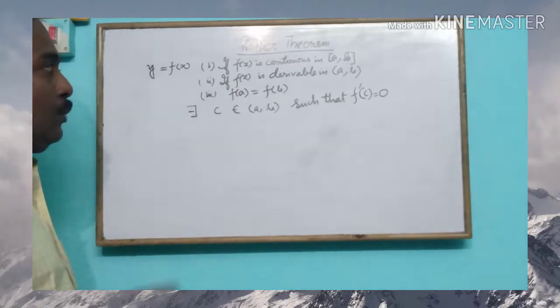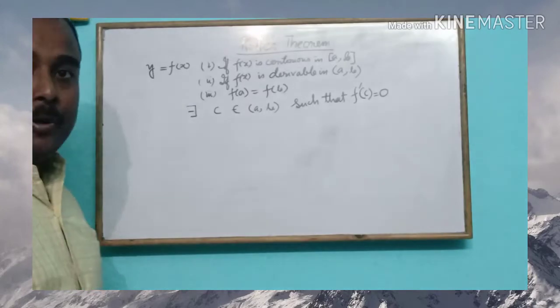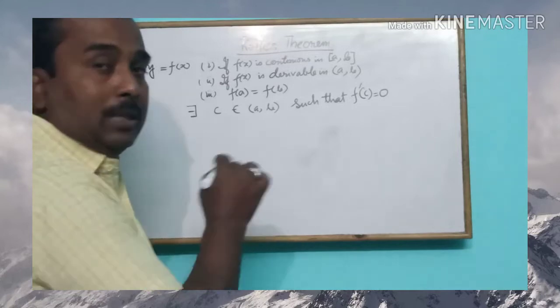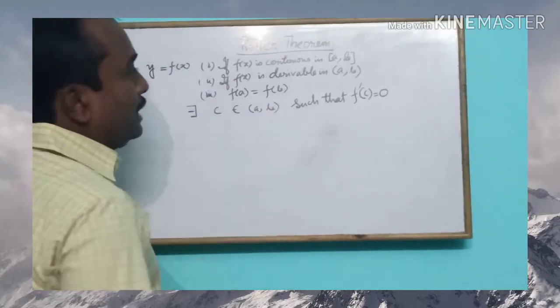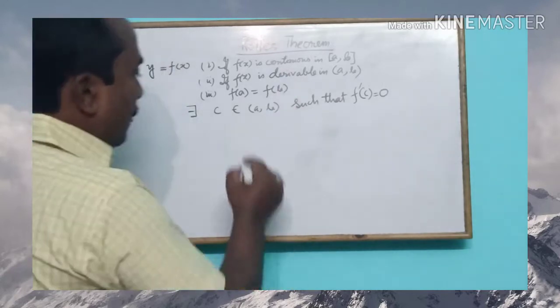Now let us understand the geometrical interpretation of this theorem. Let us come one by one with the statement. First is f(x) is continuous in the interval AB.